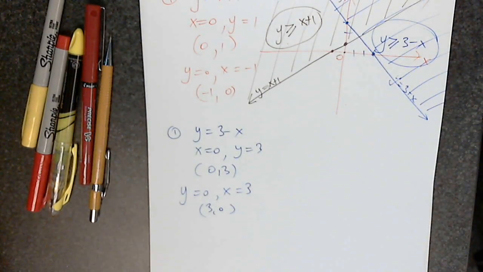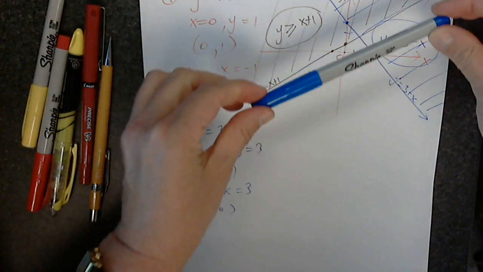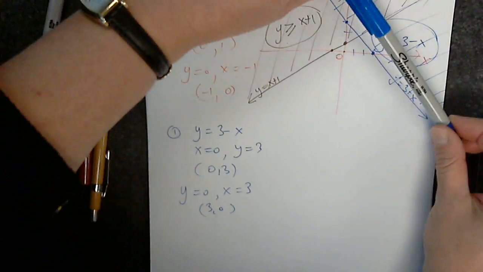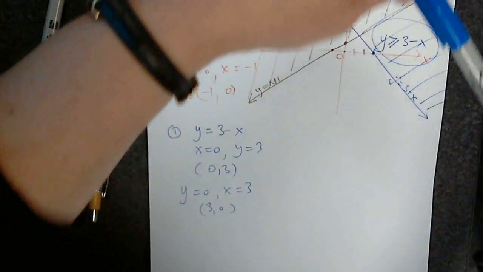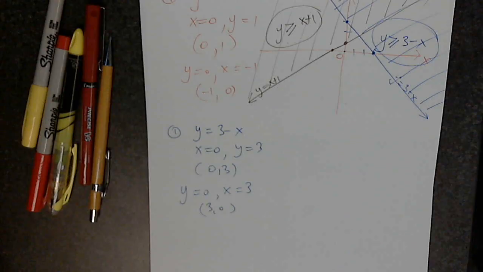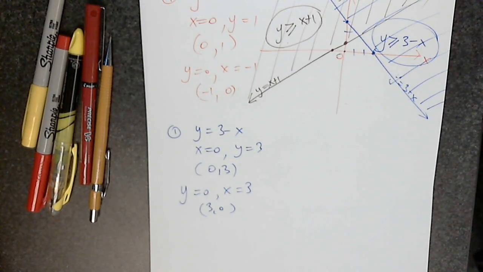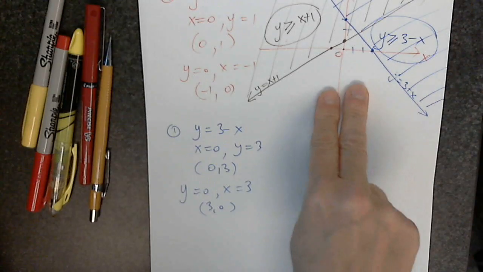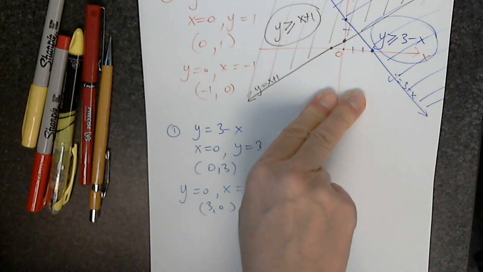Now I have two regions. I have a brown territory here, and I have a blue territory here. I have to choose that region that has ordered pairs that will verify both inequalities at the same time. If I choose this area, no inequality is true.